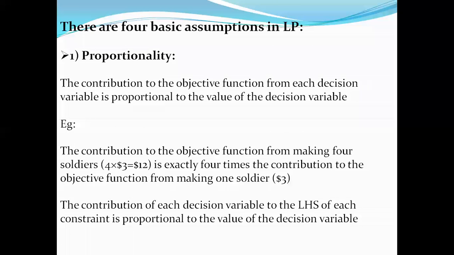These four basic assumptions play a major role in linear programming. The first one is proportionality. Proportionality is not a specified value. It will vary from one number to another number.